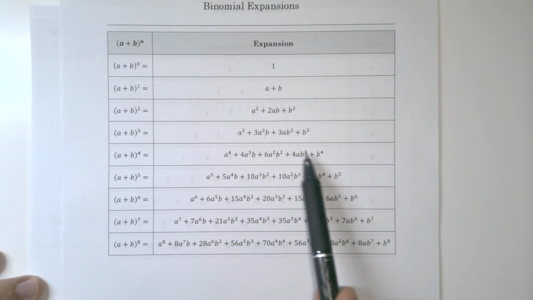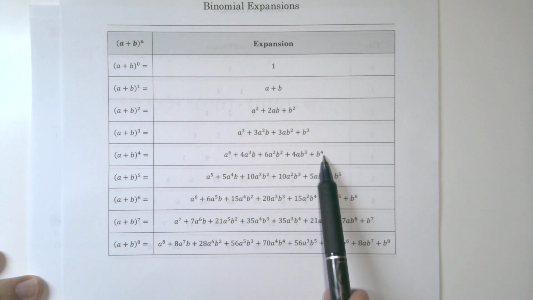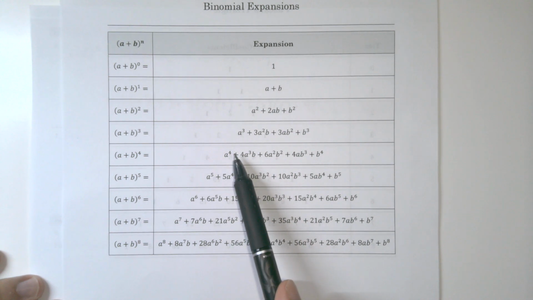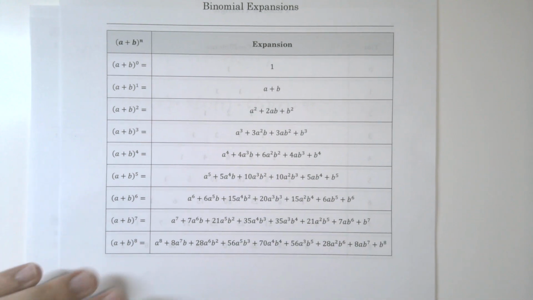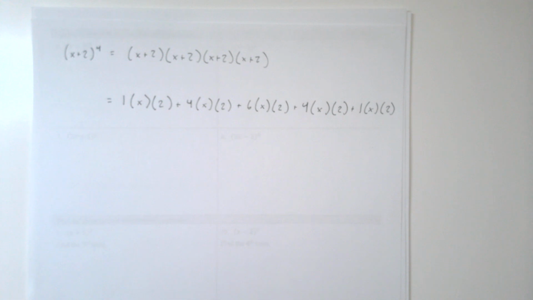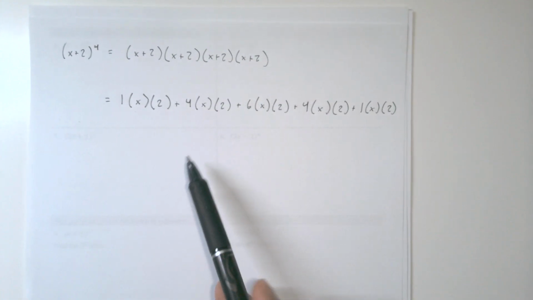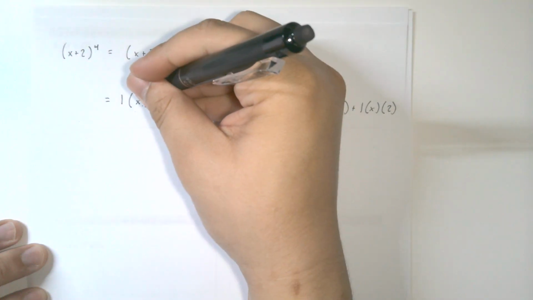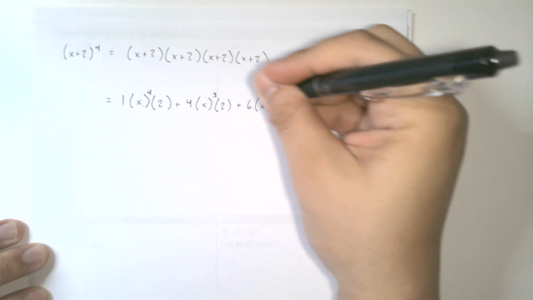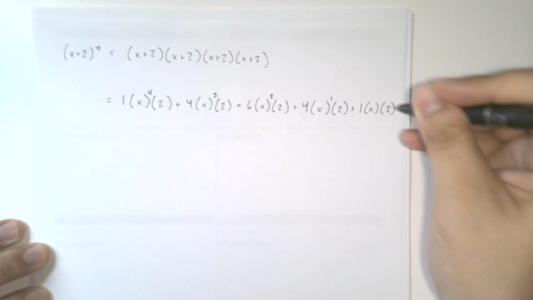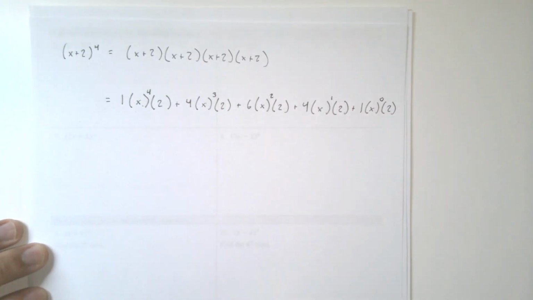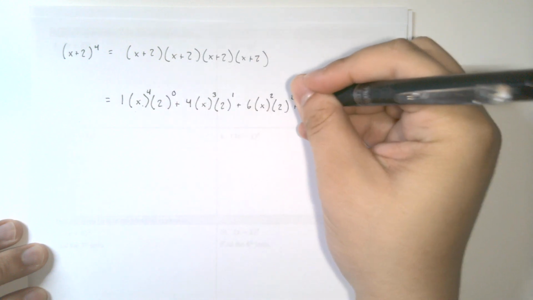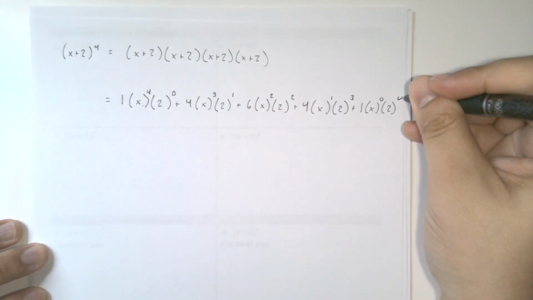Notice that it starts with 4, starting backwards, 4, 3, 2, 1, and then 0. So if I write out the exponents here, if this is a and this is b, we're going to start with 4, 3, 2, 1, 0. And then with b, we start at 0, 1, 2, 3, 4.